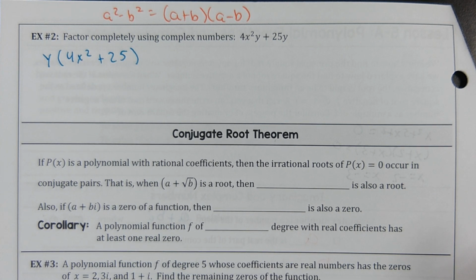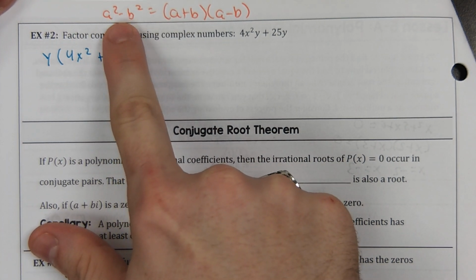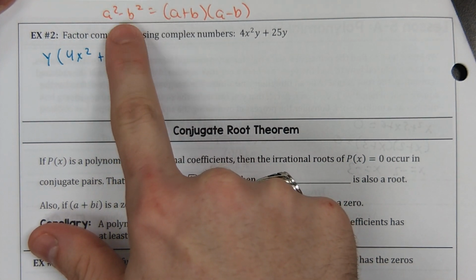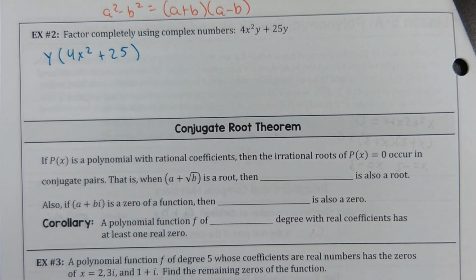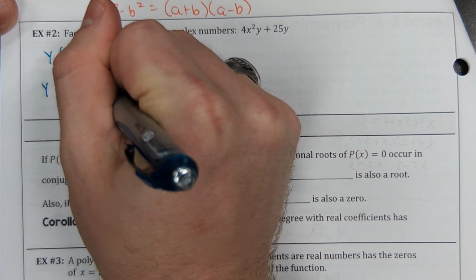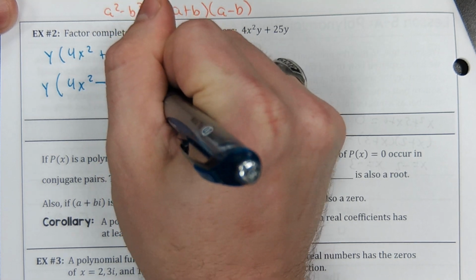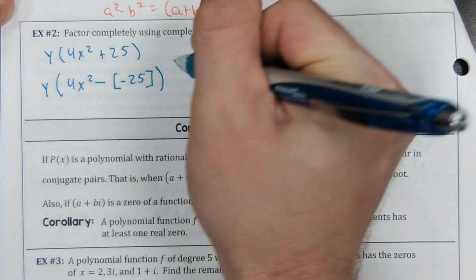So how do we do it? 4x squared is a perfect square, and 25 is a perfect square. So I'm going to force it to fit this setup. There we go.